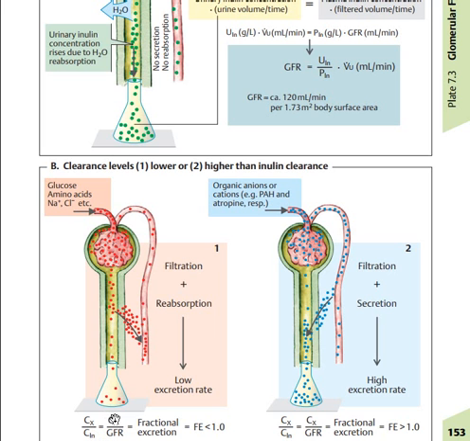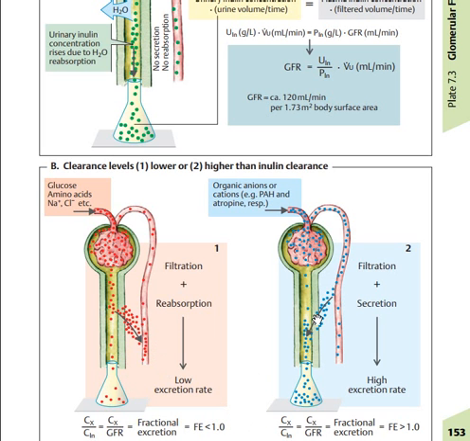But the clearance of a substance in this case is going to be due to both: the presence of a substance inside the urine will depend on the filtration of the substance and the reabsorption of the substance. Since the substance is reabsorbed, the clearance will be lower than the glomerular filtration rate. This is why the fractional excretion here will be less than 1.0.